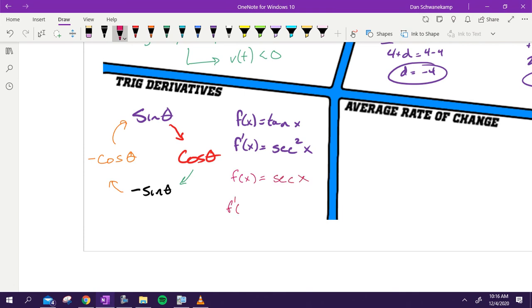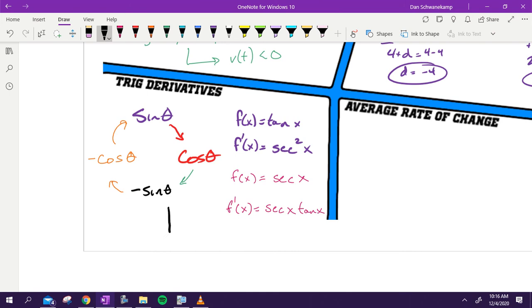What is the derivative of secant going to get me? Oh, no one knows. The derivative of secant is secant tangent. Again, not as important, but they would ask you that. They will not ask you for the derivative of cotangent or cosecant or anything like that, but you need to know those. Okay?